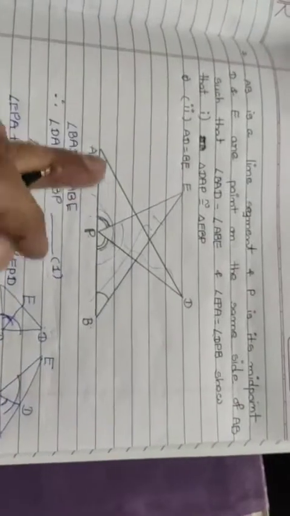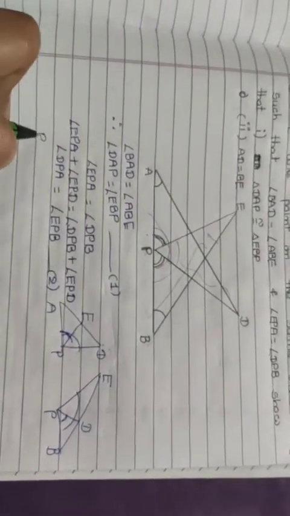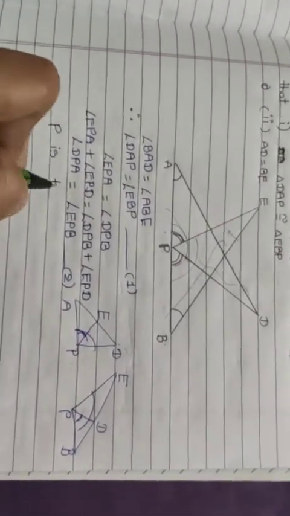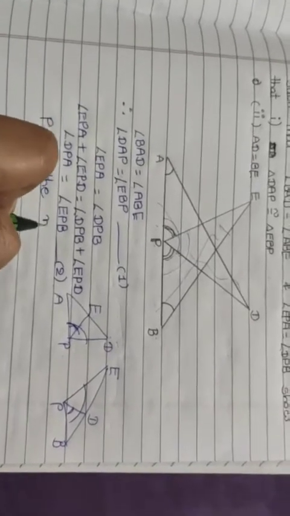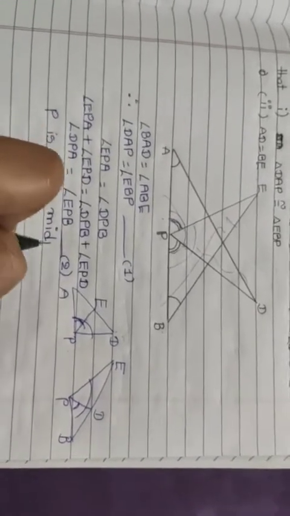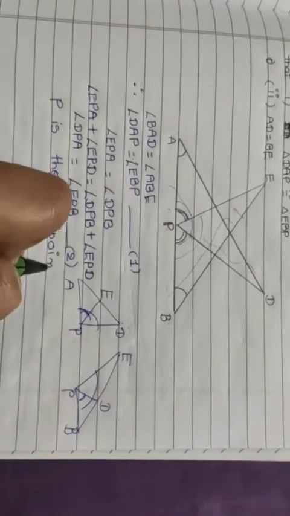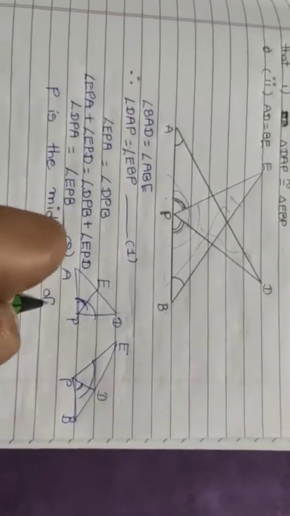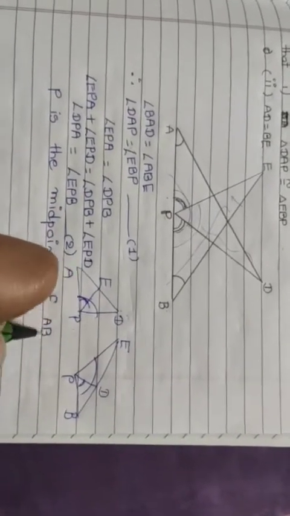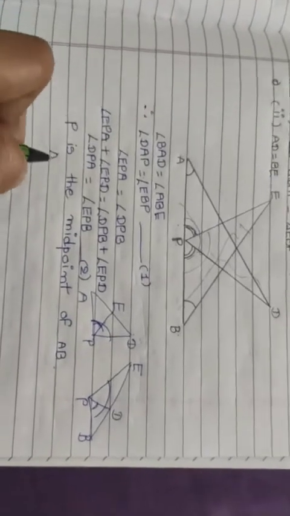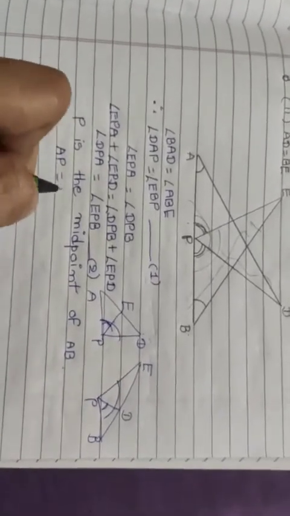Now, P is the midpoint of AB. That means AP is equal to PB.